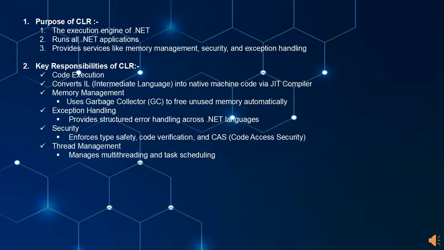Exception handling provides structured error handling across .NET languages. 5. Security that enforces type safety, code verification, and CAS, code access security. 6. Thread management that manages multithreading and task scheduling.